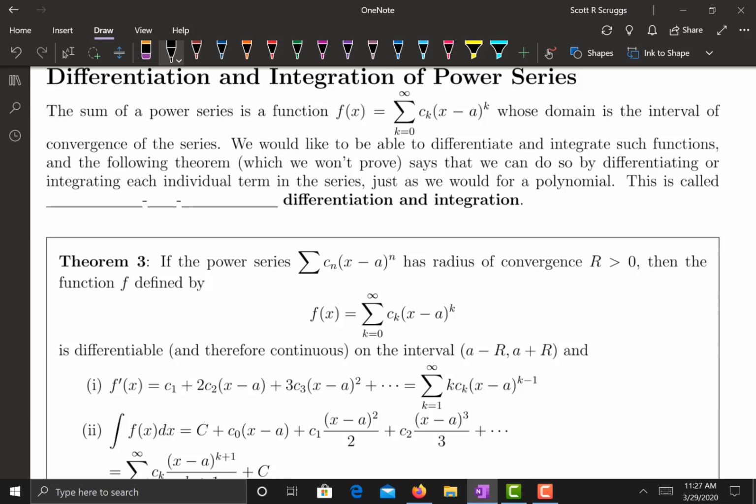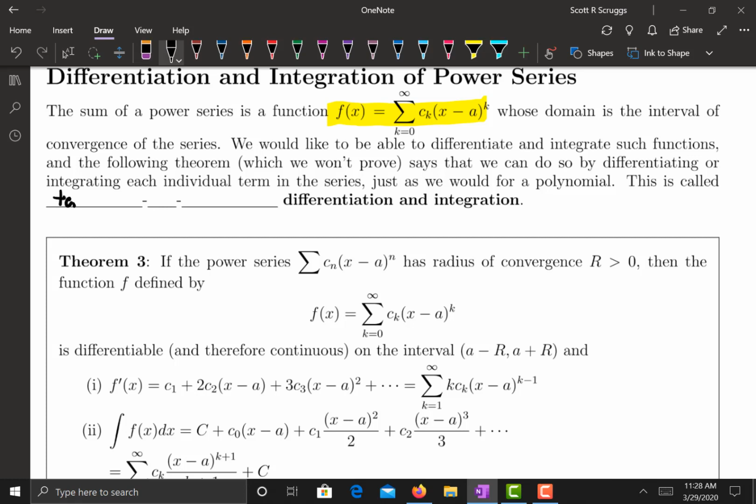When we talked about integration at the very beginning of the semester, we learned that there are some functions that are very, very difficult to take the integral of. But now that we can talk about a function as a power series, by saying rewrite it as a power series, then just take the derivative or the integral of the power series.